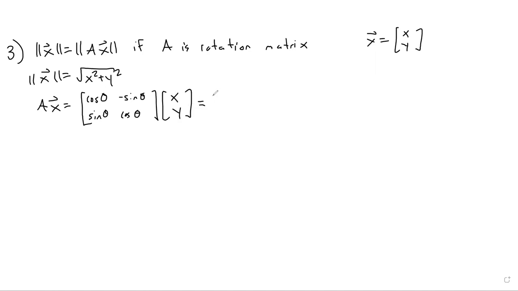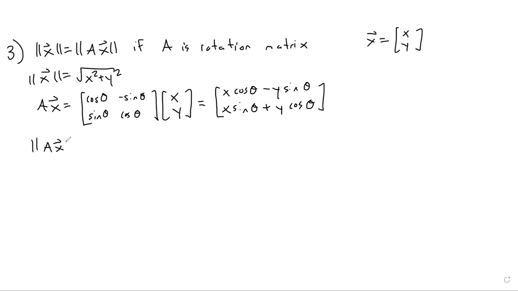And so if I multiply this out, I'm going to get x cos theta minus y sine theta, and then x sine theta plus y cos theta. And so the length of this, it's the same formula, it's just I have these messy expressions to throw in there.